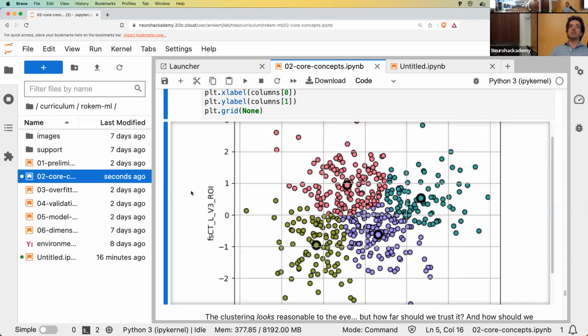If someone told you, look, there are 4 neural subtypes of autism, and we have, I don't know, blood biomarkers on this group of individuals over here, and we know that they are of these 4 subtypes, we could compare this to that. But that turns it into more of a supervised learning problem.